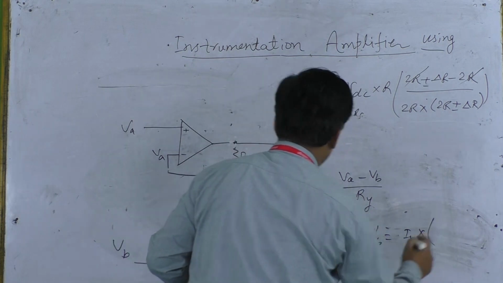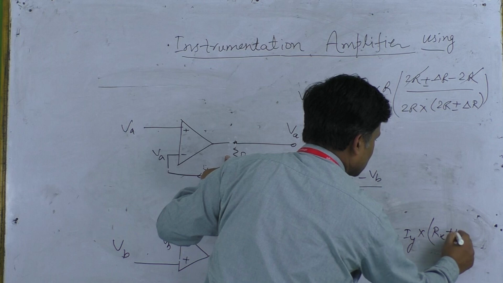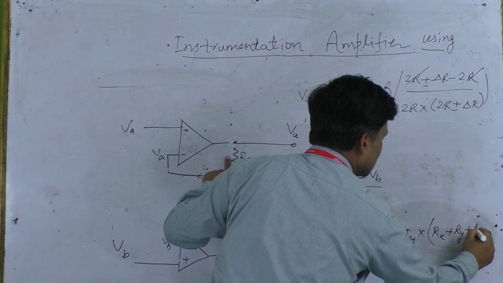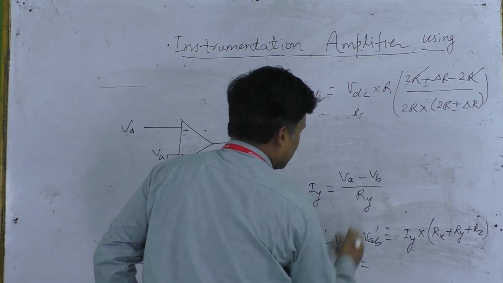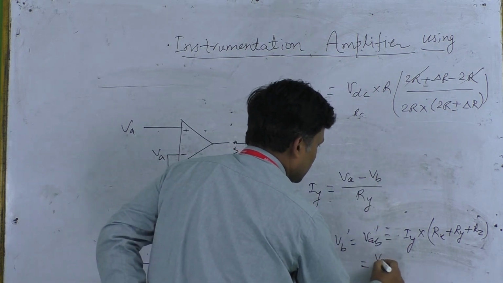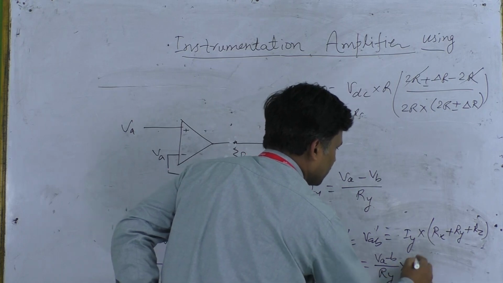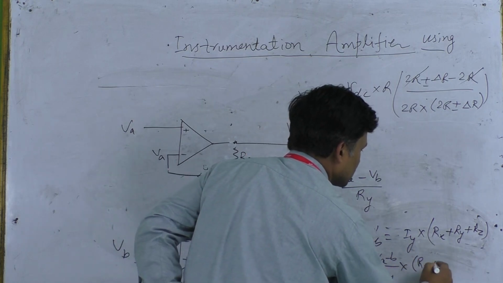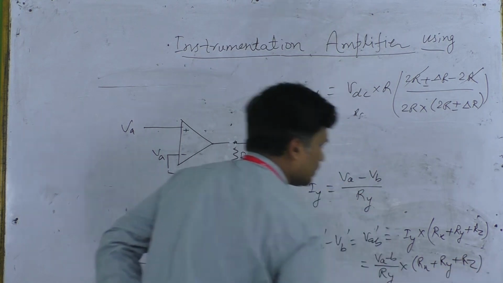So Iy multiplied by the total resistance, that is Rx plus Ry plus Rz, and therefore from the above equation it is Va minus Vb divided by Ry multiplied by Rx plus Ry plus Rz.